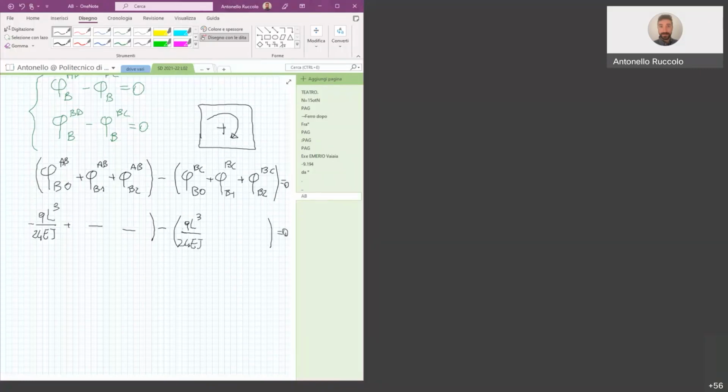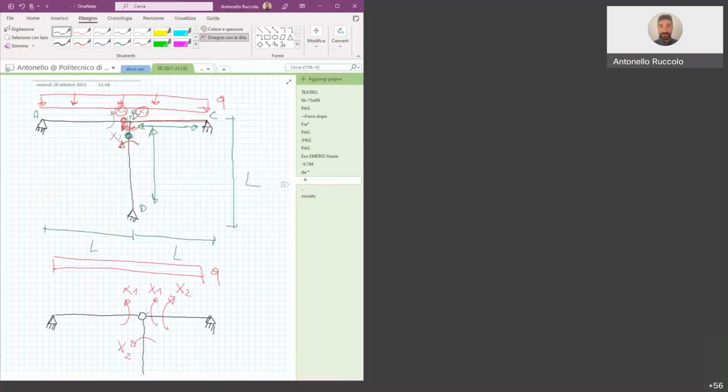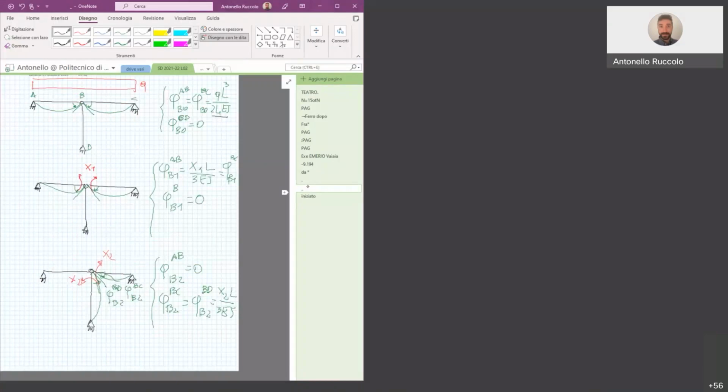Then phi B1 in AB and phi B1 in BC. Phi B1 AB is this one, and in BC it is the same. Again, same conventions, same sign, because the first one is negative because it is counterclockwise, whereas the second one is positive.